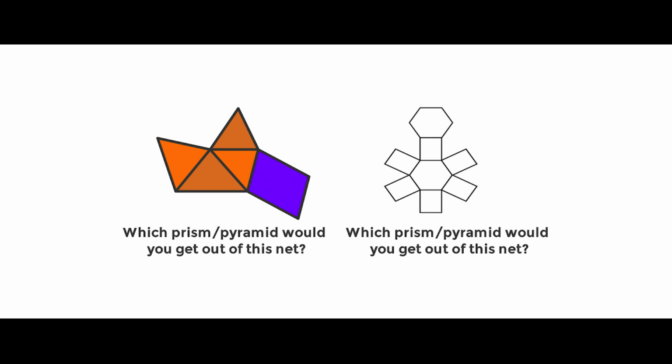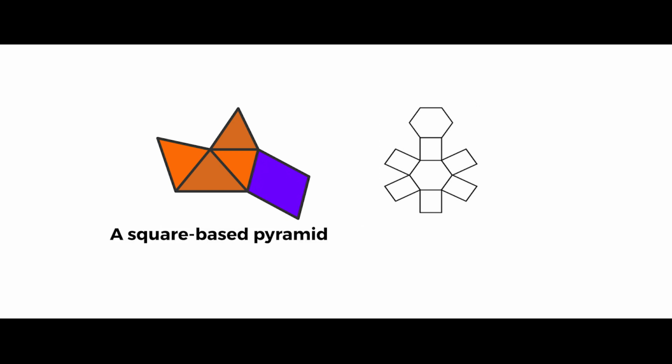Okay, which pyramid or prism will you get out of this net? Okay, this is a square base pyramid. And this one, since you can see a hexagon, definitely you would say a hexagon base prism.